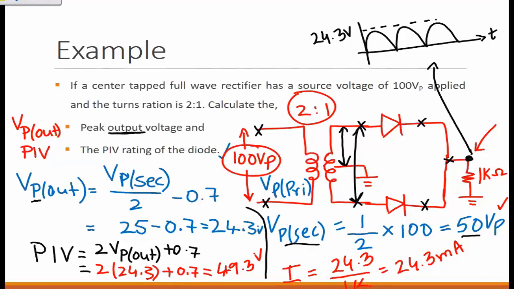So we are feeding in 100 volts to this entire circuit, but the effective full wave rectifier voltage we are getting is 24.3 volts. VP is the primary. If you have a transformer, you can say primary. It's whatever you are feeding in to the entire circuit.